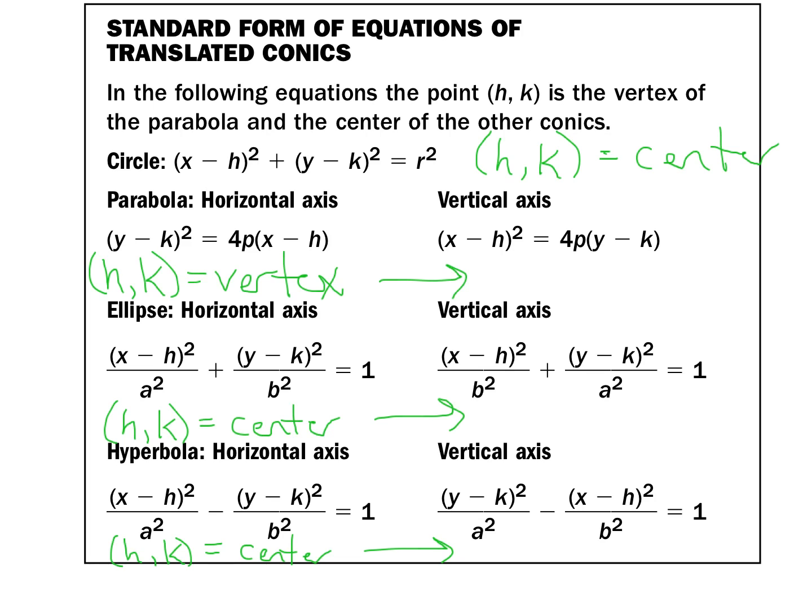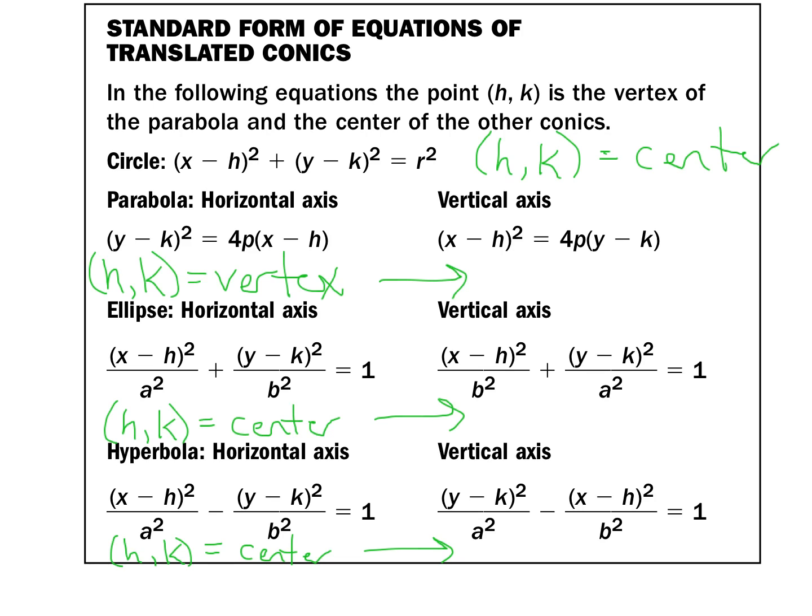Okay, so what this has the effect of doing is expanding our original standard forms of these equations, where h comma k was always 0 comma 0, and allows us to adjust for any translation that may have taken place. Okay, so if it's been translated to the left, to the right, up, or down. All right.